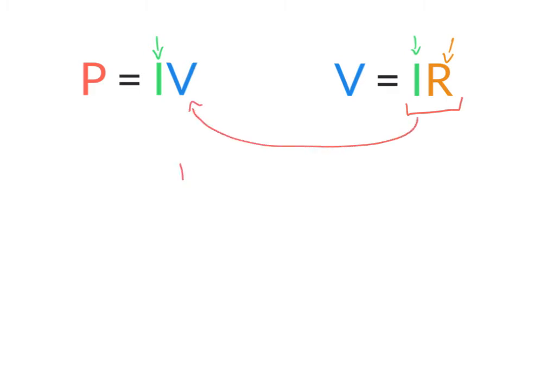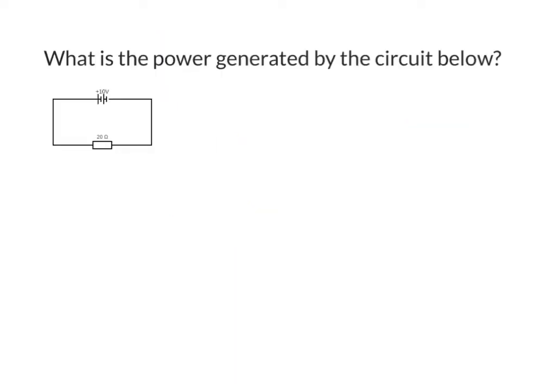So what that would give me is that my power is equal to my current times, again, my voltage, but instead of V, I can say V is equal to IR. So what that gives me is that the power in my circuit is equal to I squared times R. And you can do this for any combination of two variables. So let's go ahead and try out that.